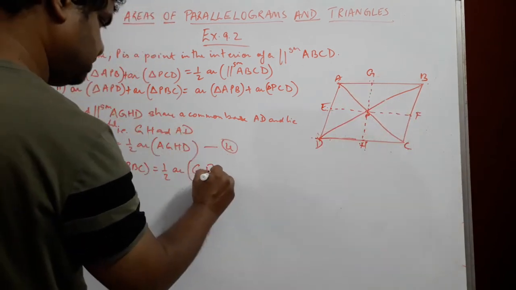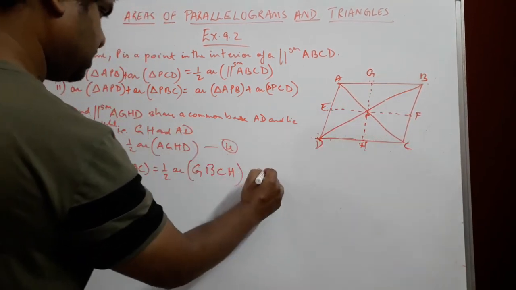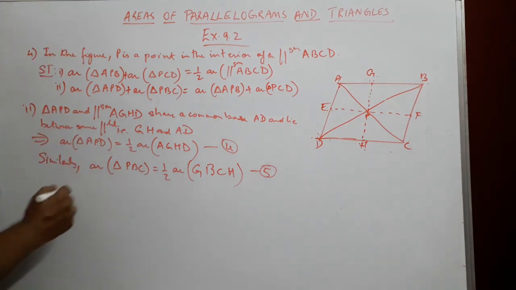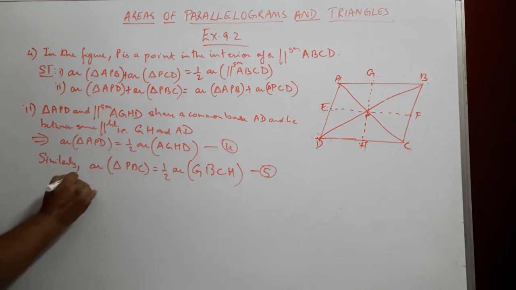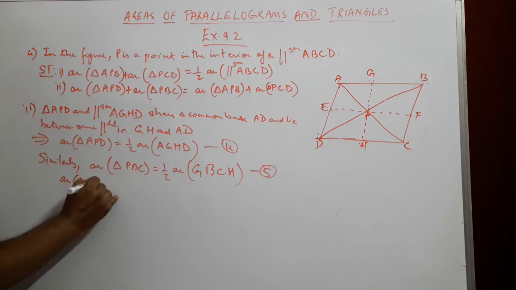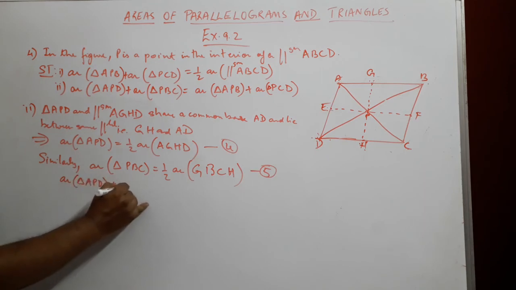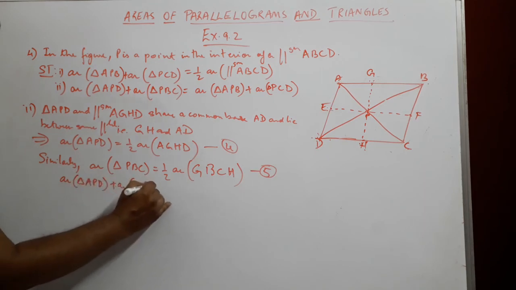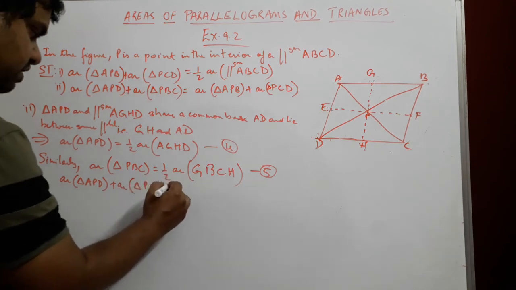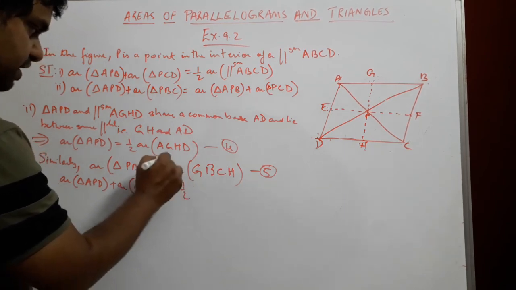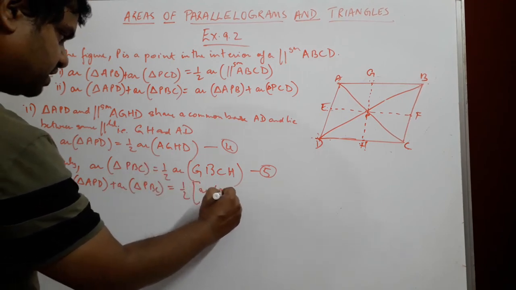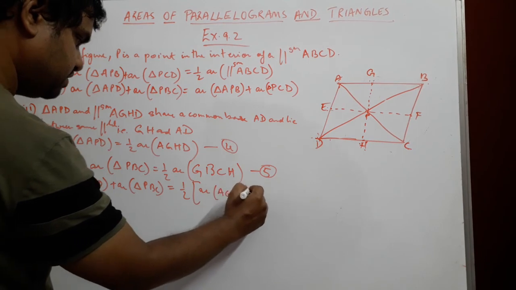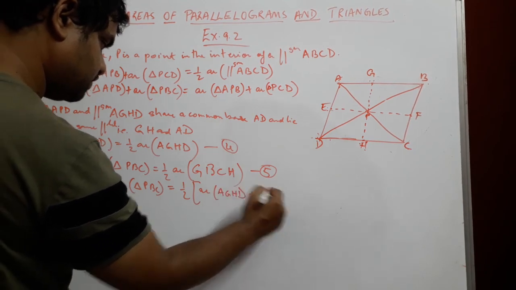Mark this as 5. So we can add the two of them up: area of triangle APD plus area of triangle PBC is equal to, taking half common between the two, half of area of AGHD plus area of GBCH.